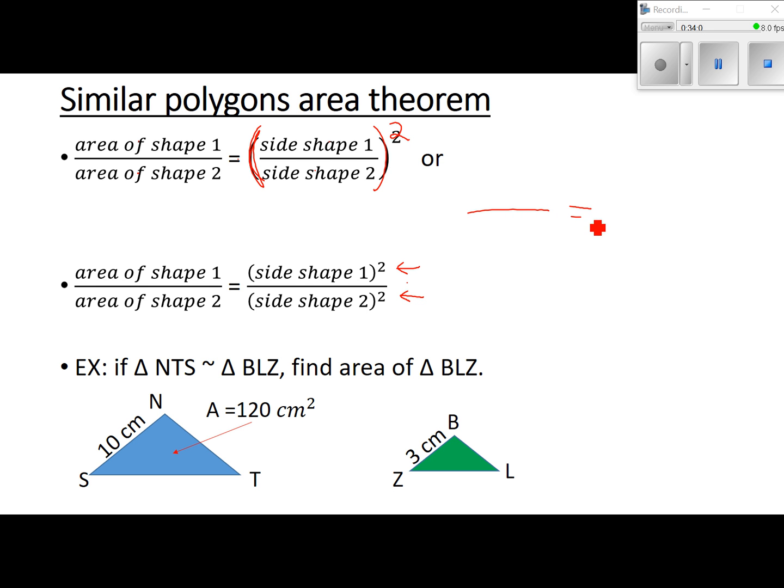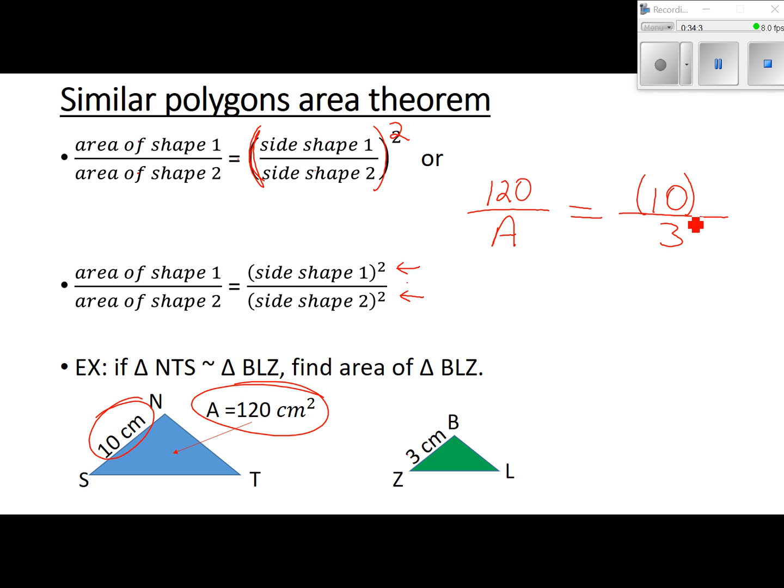So if I'm going to set up this proportion, I know the area in shape 1, they gave it to us. We could maybe find it, but they gave it to us as 120. We don't know the area in shape 2, so I'm just going to make that a variable, A. And then the sides that we have, a side in shape 1 is 10, side in shape 2 is 3.